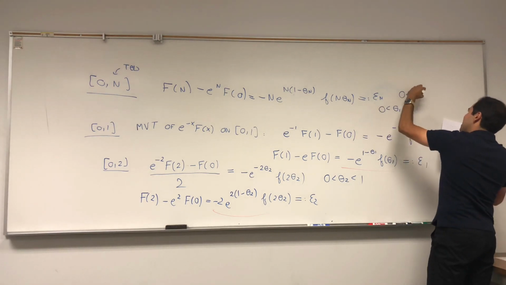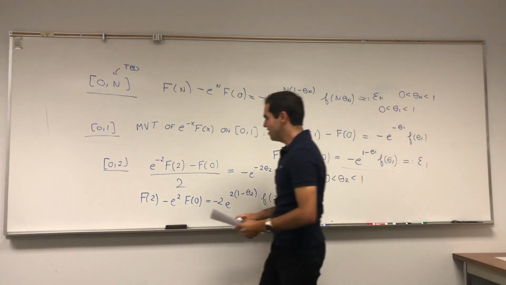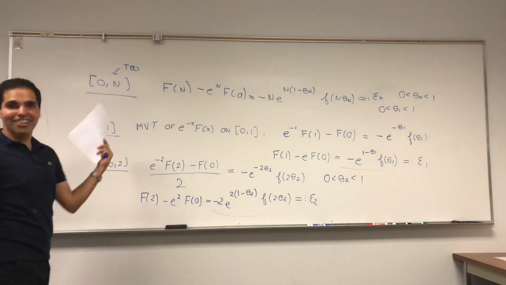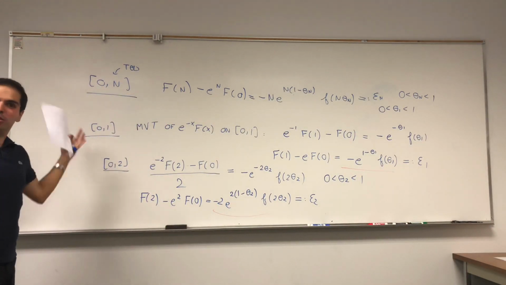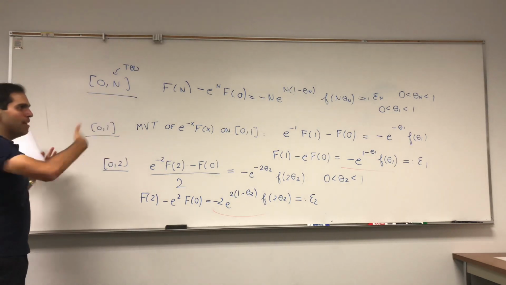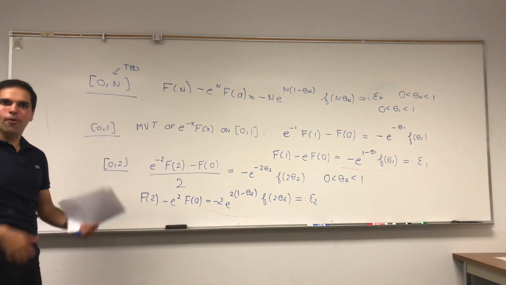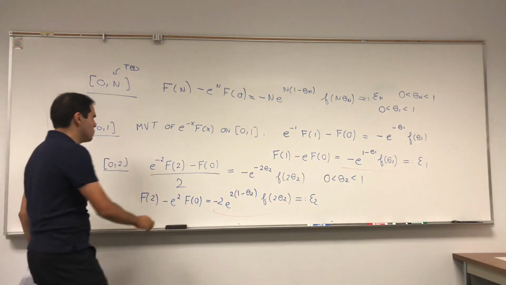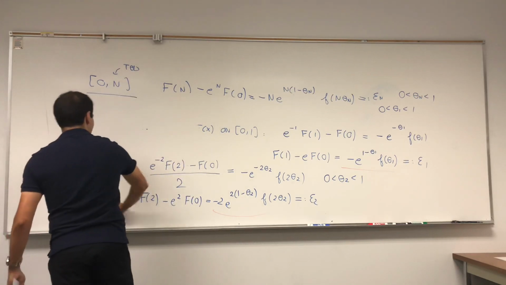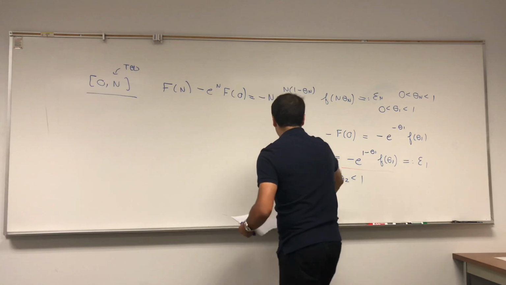Again, where theta n is between 0 and 1. Okay, great. We defined our cute function capital F. We played around with the mean value theorem, and that was our prep work. And now let's actually use our proof. So let's start our proof, and you'll see all that stuff will be super useful.